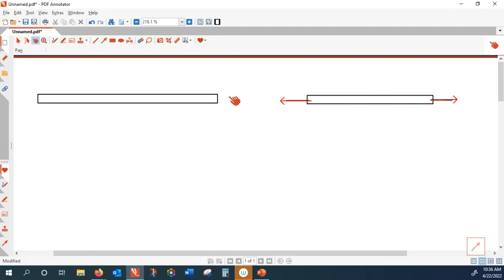So for that reason, this is classified as a bar. The bar or two-force member is a simple member, a constituent of the truss structure.